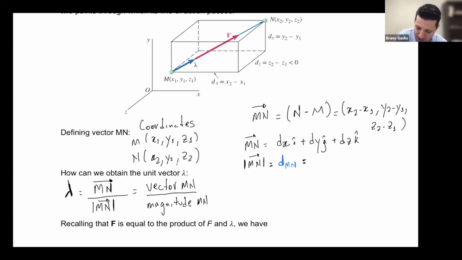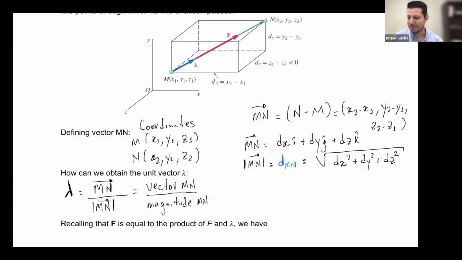The magnitude is going to be the square root of dx squared plus dy squared plus dz squared.